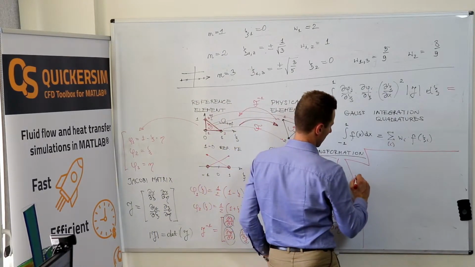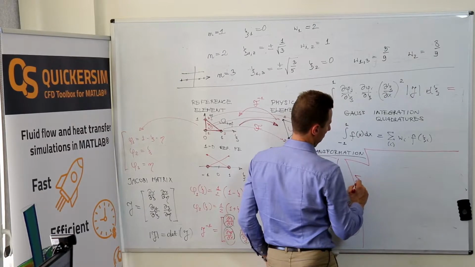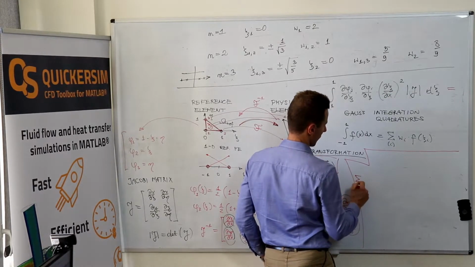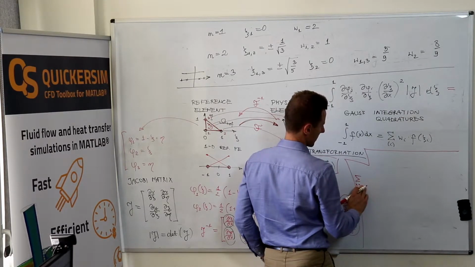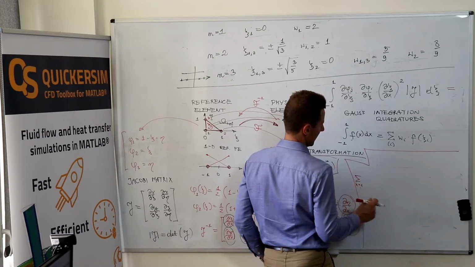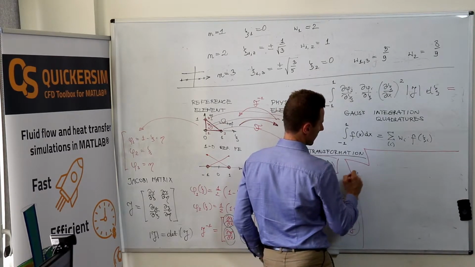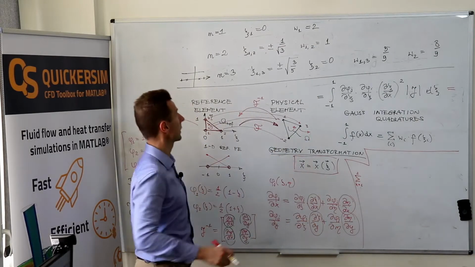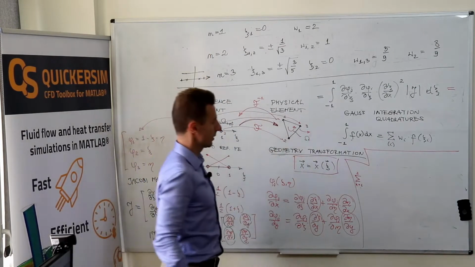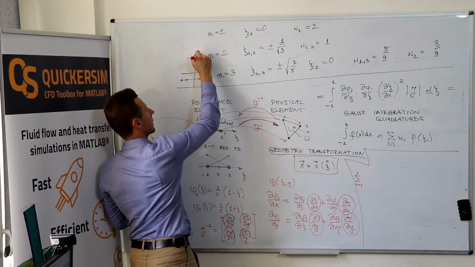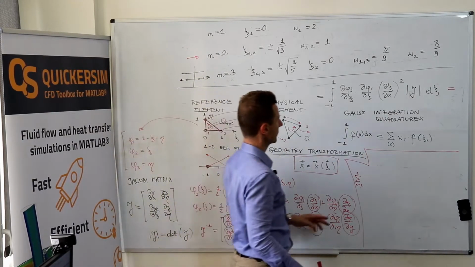So we take the sum over k, because it's already the third index in our formula, k from 1 to 2, using this Gaussian quadrature.